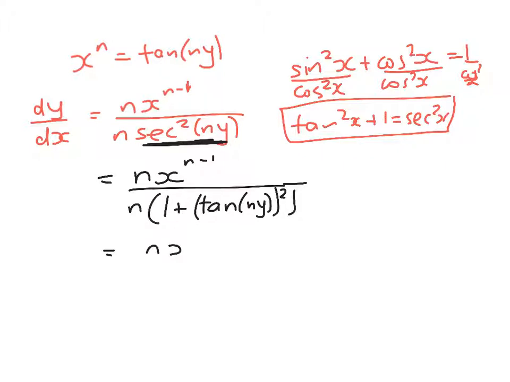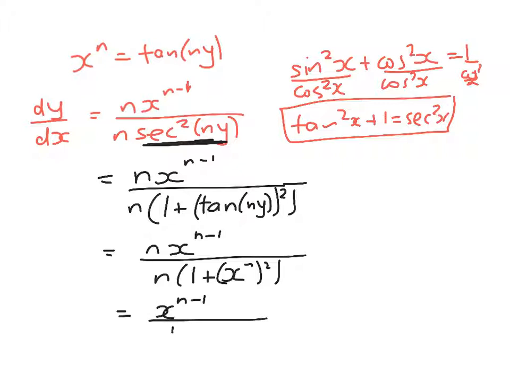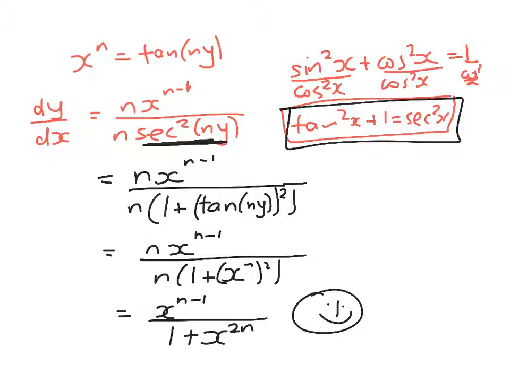That gives me this over n times 1 plus x to the power of n squared, which is x to the power of n minus 1 over 1 plus x to the 2n. And that's it, we're done. We've got everything in terms of x. But there's another really cool way to do it if you don't use the Pythagoras identity in this form, and that's to go all the way back to here and basically use SOHCAHTOA and a bit of Pythagoras. I'm going to do that on the next slide, because you never know when that's going to come in useful.